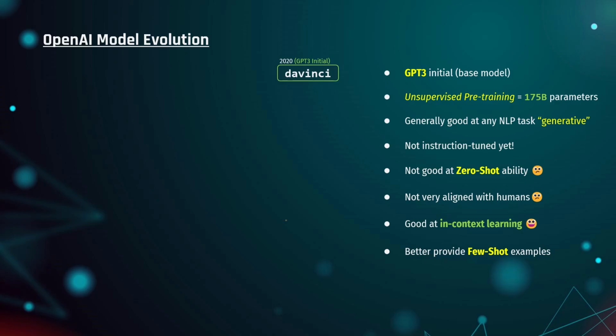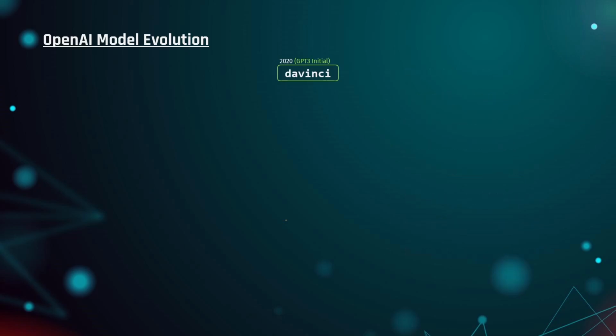So after the Da Vinci model, OpenAI started to fine-tune the models, okay. Da Vinci was in particular fine-tuned for two specific purposes, okay. The first one being code tuning, okay. Da Vinci was fine-tuned on code and programming, okay.